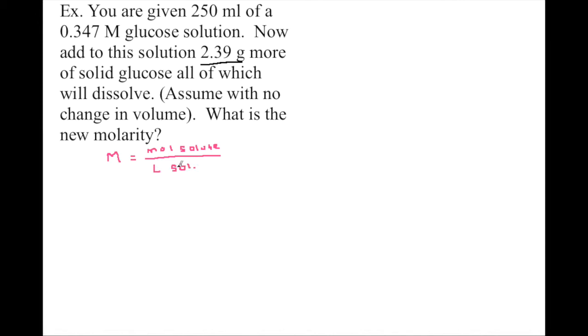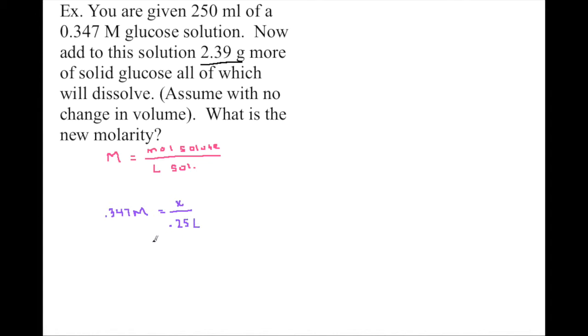So I'm going to plug in all of the values that I know. My concentration, the molarity, is 0.347 molar. I don't know my number of moles of solute, so I'm going to just put that as X. And the volume of my solution is 250 milliliters. Keep in mind this needs to be in liters, so I'm going to divide that volume by 1,000 to get 0.25 liters. And now I can solve for my number of moles.